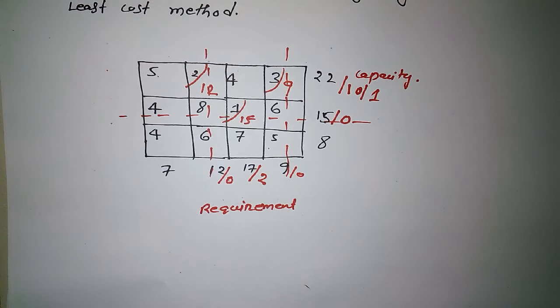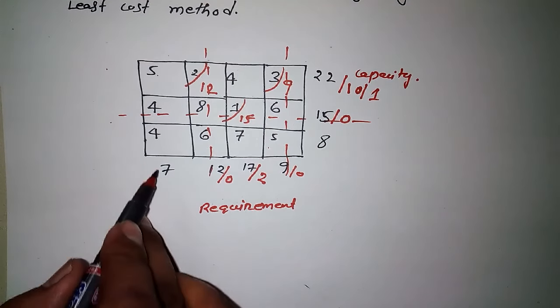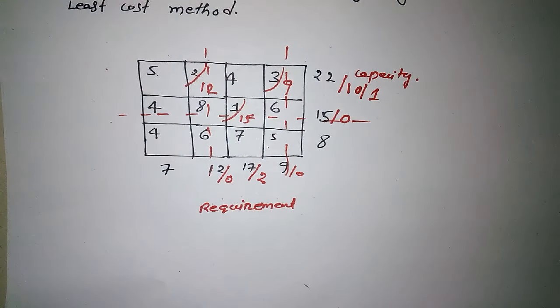Now it is a clash between equal values. So we need to find out first in which cell we can fulfill the highest demand. Here we are having two demands, 4 for 7 and 4 for 2.